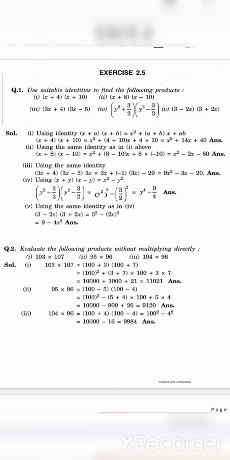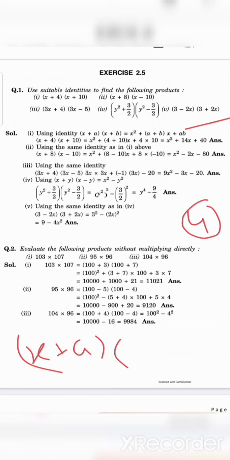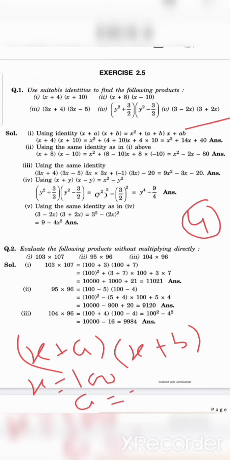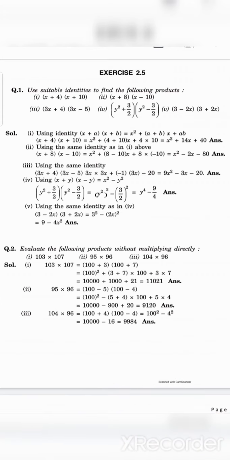The first bracket is 100 minus 5 multiplied by 100 minus 4. Comparing with our identity number 4, here identity number 4 is x plus a into x plus b. Comparing the terms we get x is equal to 100, a is equal to minus 5 and b is equal to minus 4.